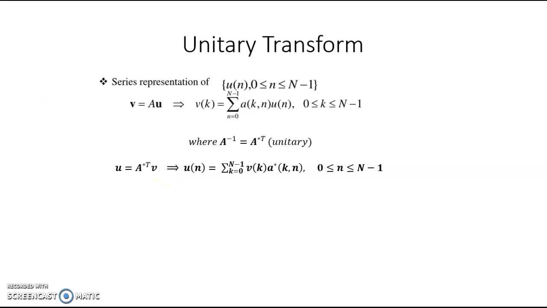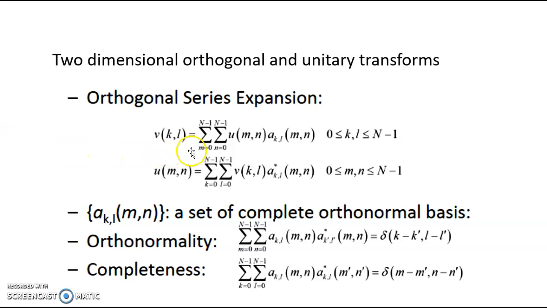The same thing we can apply by increasing one dimension, in the case of a two-dimensional image. Instead of v(k), I add one more dimension, so I have v(k,l), with two summations: sum over m equal to 0 to N minus 1, and similarly n equal to 0 to N minus 1.